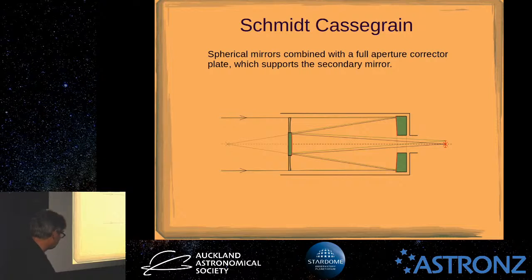One slightly odd thing with these telescopes is that generally with the other types of telescope, you have a focuser on the back that moves the eyepiece or your camera in and out. The way these work is that they focus by moving the main mirror. You can get away with that with a Schmidt Cassegrain because the optical design is quite forgiving.